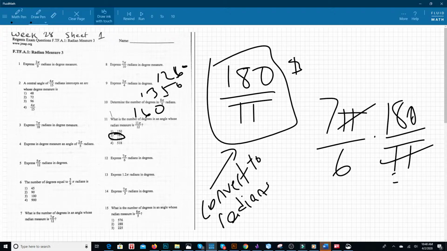Which gives us what, 12? 1260 divided by 6? 210, okay, 210. All right, I trust you guys.